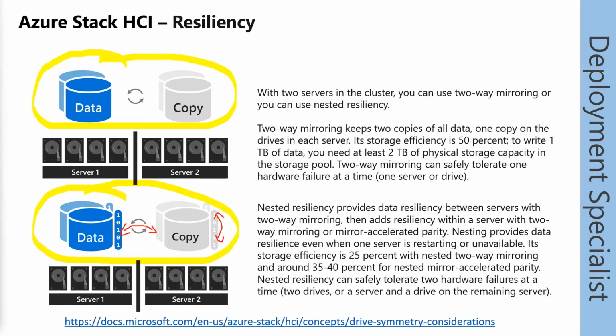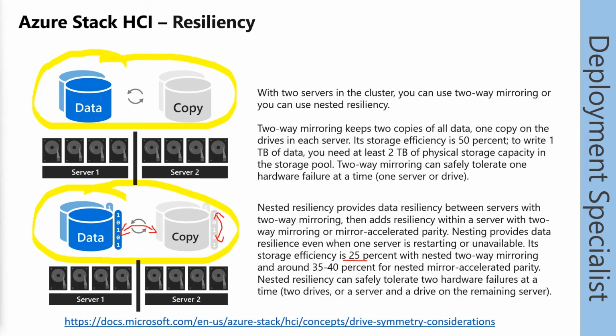For sure, this means that you only have 25% usable capacity, or the footprint of your volume is 4 times the size of the volume itself. But your advantage is you can survive a server failure and an additional drive failure in the remaining server. So if server 1 is down for maintenance or in an unplanned situation, then you can lose an additional drive in server 2 without any impact on your data. So I would always recommend to use the highest available redundancy level.